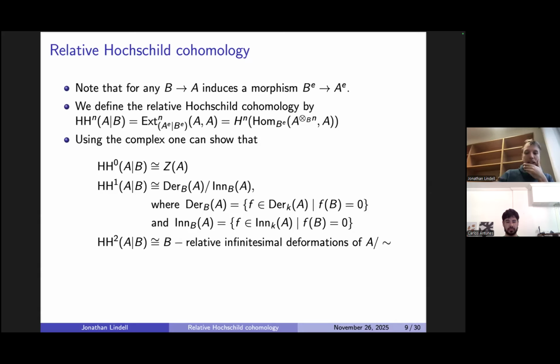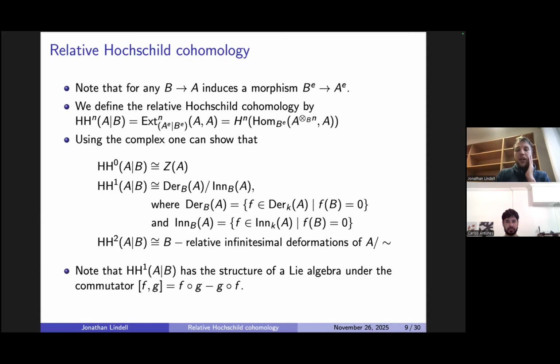And then similarly to the absolute case, HH2 controls something like the B-relative infinitesimal deformations of A. And we can note, yet again, that the relative HH1 also has the structure of a Lie algebra under the commutator.